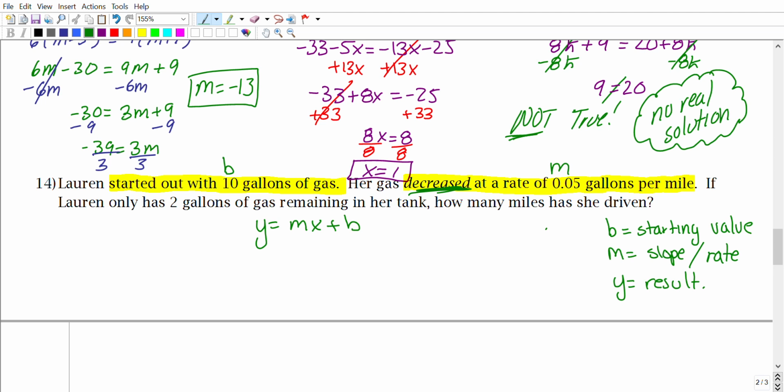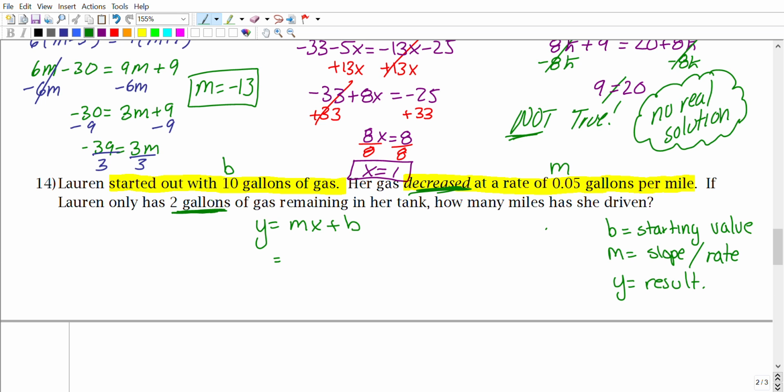Now it says if Lauren only has 2 gallons of gas remaining in her tank, how many miles did she drive? So let's go ahead and write down, well, first off, this 2 gallons, that's what's remaining.